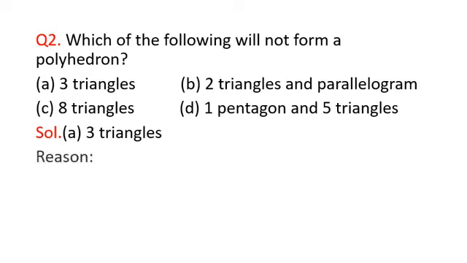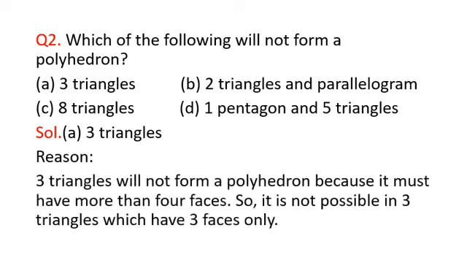The reason is that a polyhedron must have at least 4 faces. In a triangular pyramid you must have seen that all 4 faces are triangles, so we need 4 triangles. It is not possible with 3 triangles, which have only 3 faces.